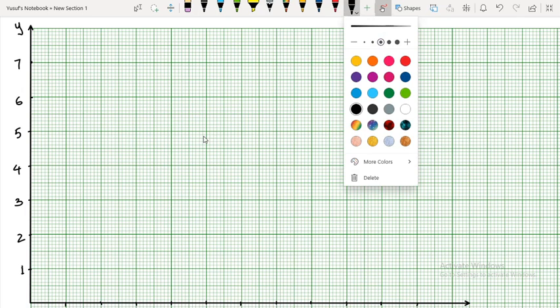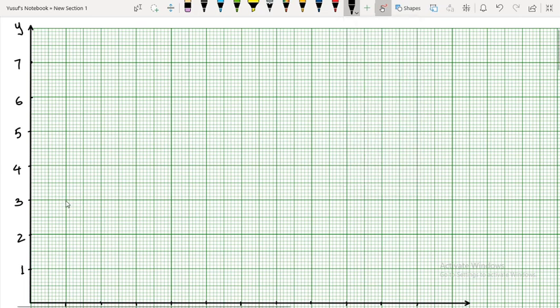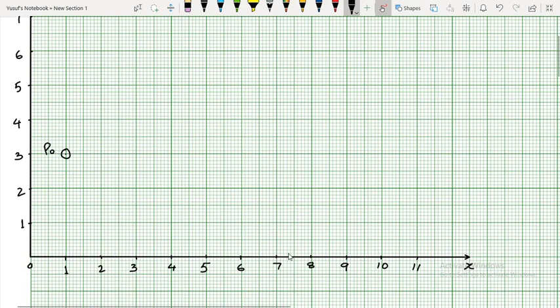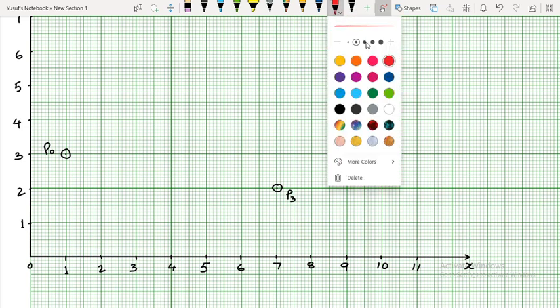P0 is 1 comma 3. It will be here. It is P0, and end point P3 is 7 comma 2. It will be here. It is P3.